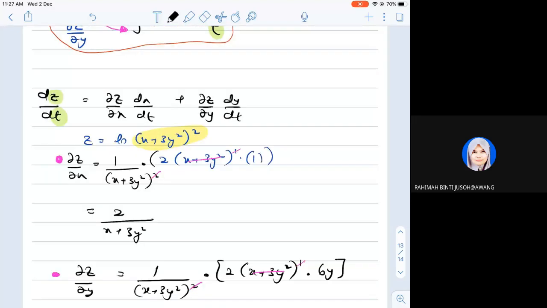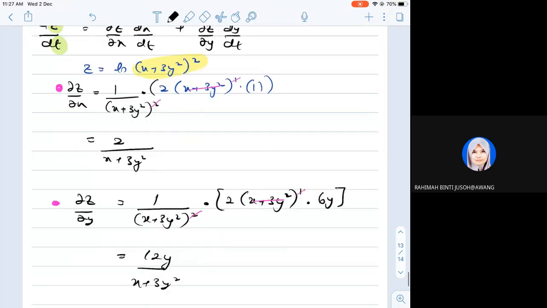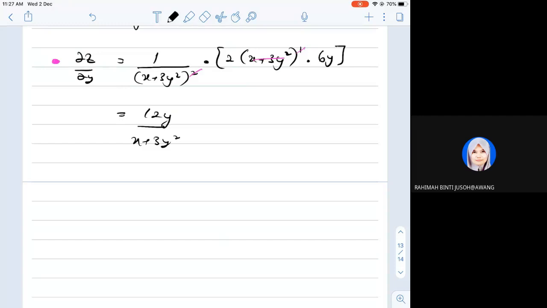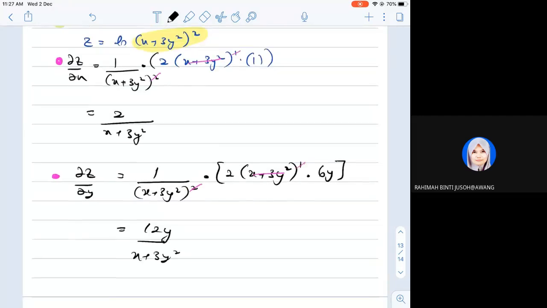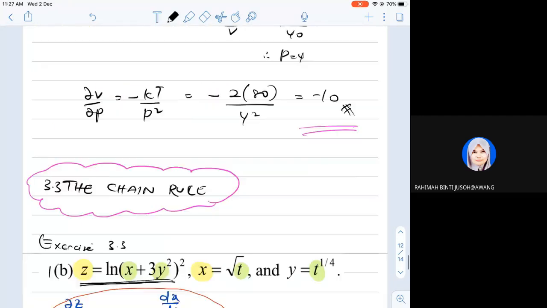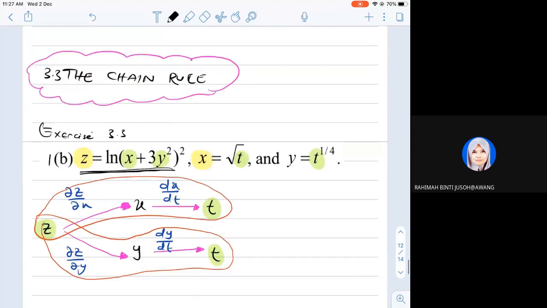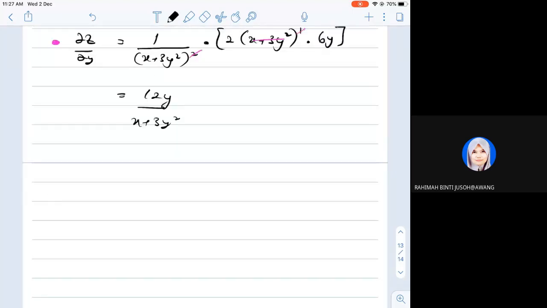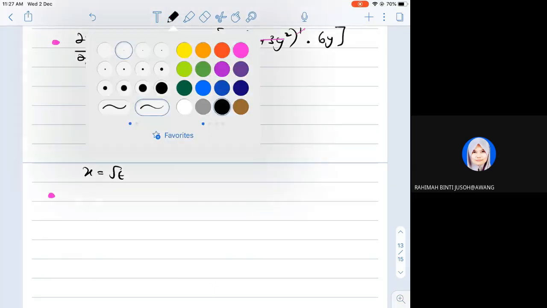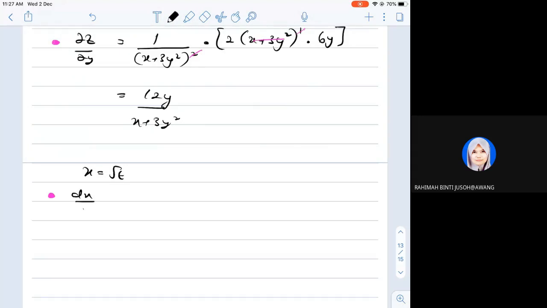Next you all need to find dx over dt. Okay, to find dx over dt, X equals what, just now? Square root t. Okay, X equals square root t. So our dx over dt equals 1 over 2 square root of t, isn't it?